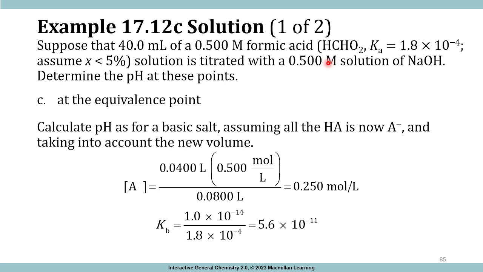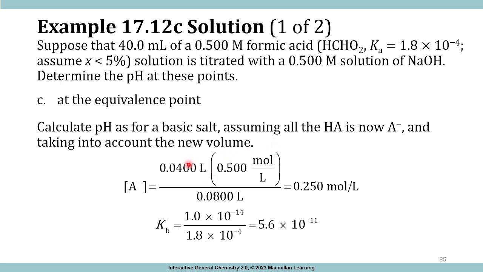And NaOH is going to have a 1-to-1 ratio to neutralize the formic acid, okay? And so the volume that you need to neutralize that formic acid, that's just the same volume you put in for the formic acid, isn't it? Okay? And so it's just 2 times 40. That's your total volume at this point.